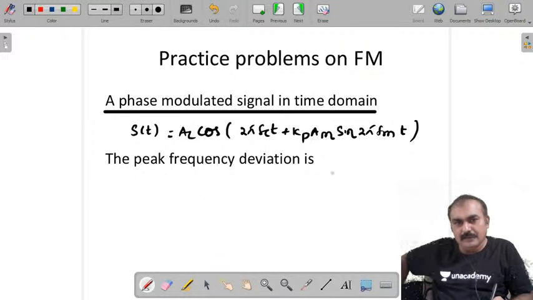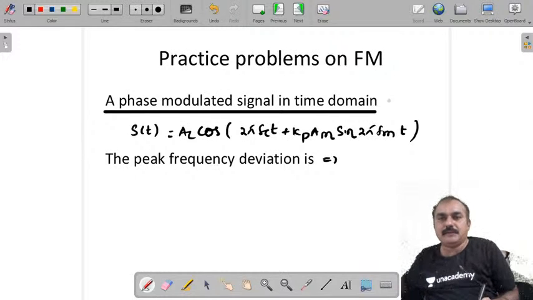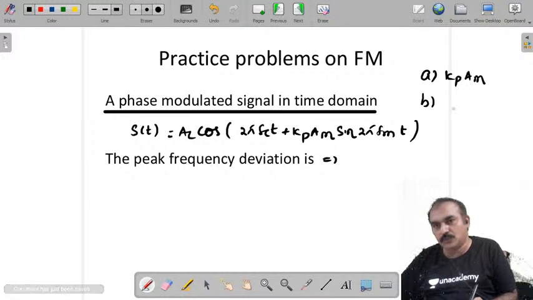Now what is the peak frequency deviation he is asking. What is the value of the peak frequency deviation? He has given 4 options. Option A is Kp into Am. Option B, Kp into Am by fm.